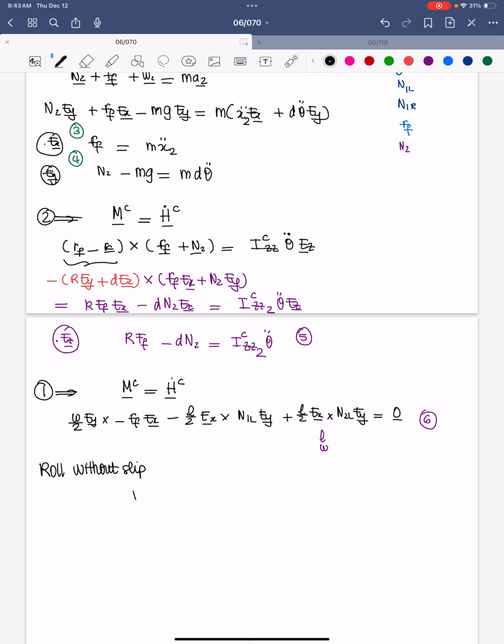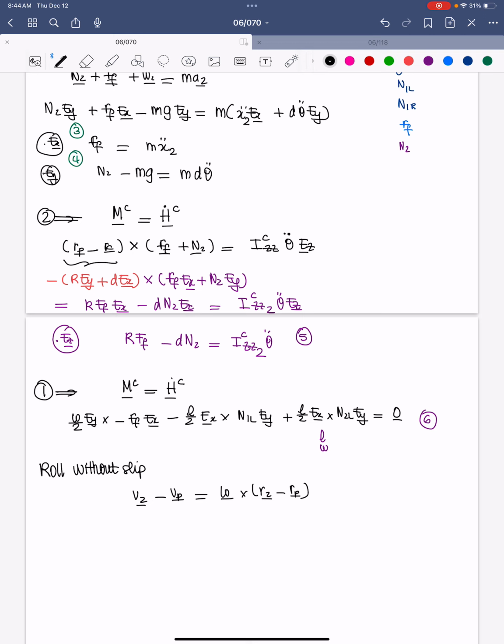So V2 minus VP is equal to omega cross R2 minus RP. Okay, and here we have to be careful. VP is not actually 0, it's equal to the velocity of the cart.